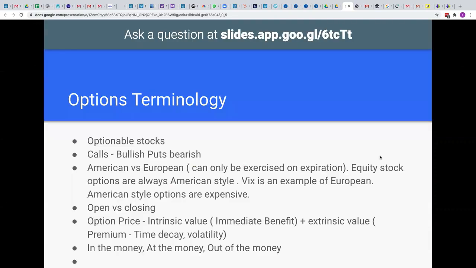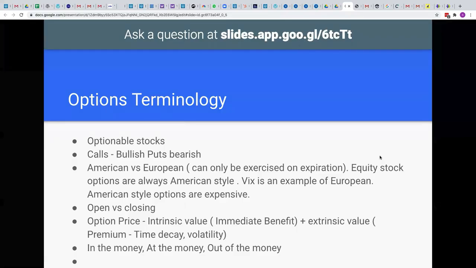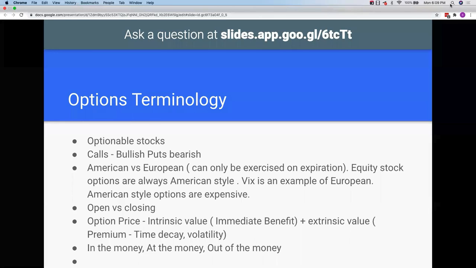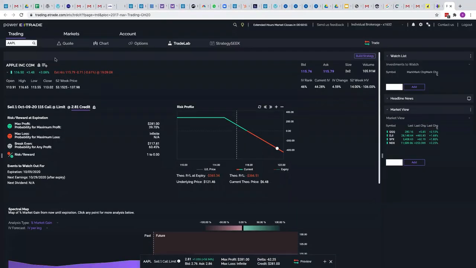The next thing is I wanted to talk about a little bit of options terminology. Guys, just wanted to bring this up. Not all stocks have options. There are some stocks that still do not have options, especially stocks that are below $5. For example, I know one stock. Hold on a minute.